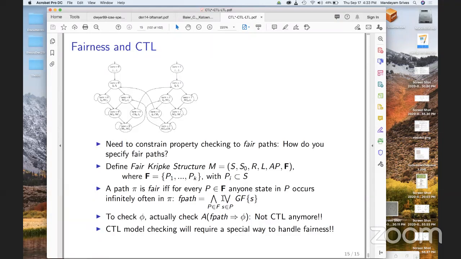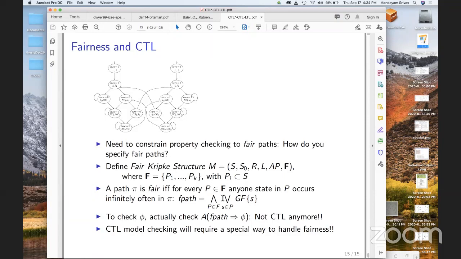You will see that LTL model checking is a lot harder than CTL model checking, and you thoroughly exploit the fact that every temporal operator has to be immediately preceded by a path quantifier. So you could go outside the logic, yes, but then you're not using CTL model checking anymore.